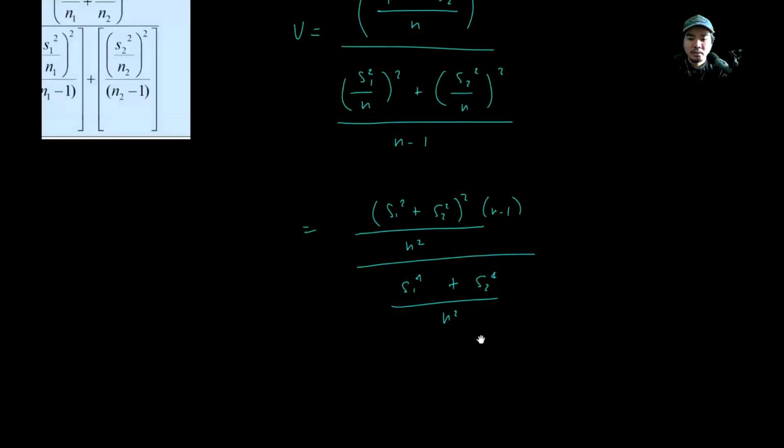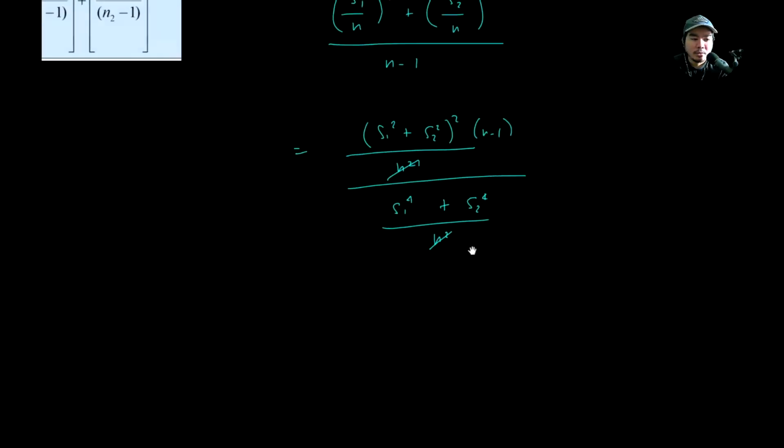Tama? Yes po. Magka-cancel out to, no? So, magiging S1 squared plus S2 squared divided by S1 to the 4th plus S2 to the 4th times N minus 1.